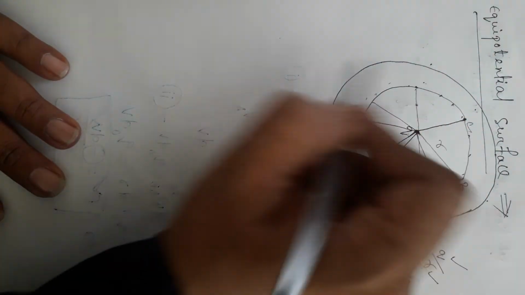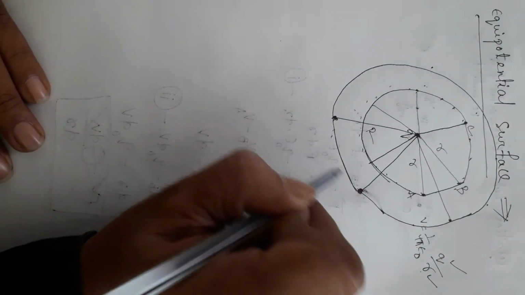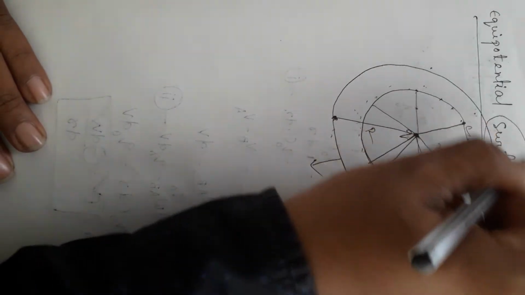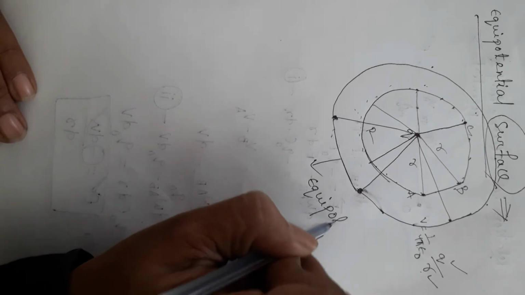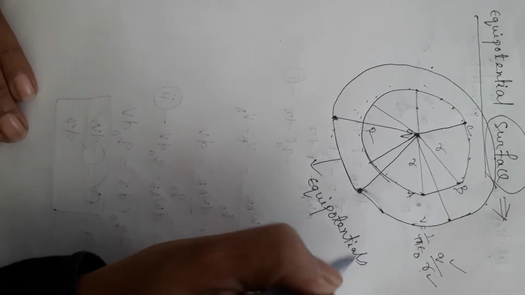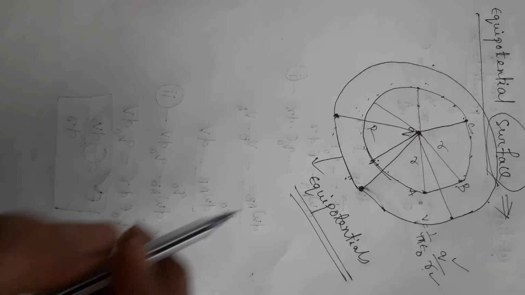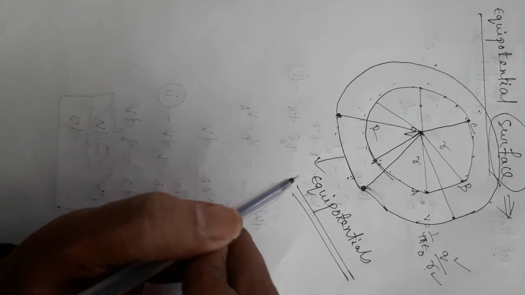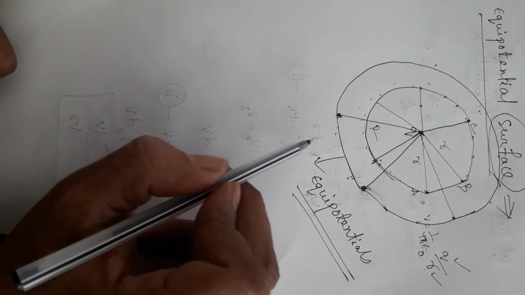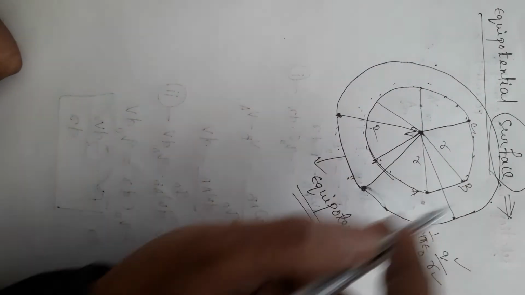So this is also an equipotential surface, and these are the equipotentials. So an equipotential surface is that imaginary surface on which at every point the electric potential is same. The surface may be the surface of a body or a surface in space.